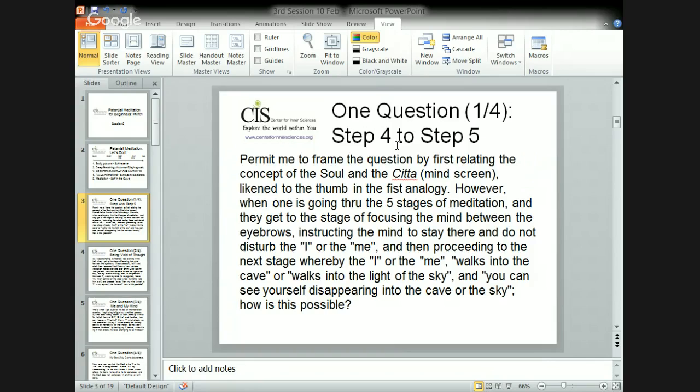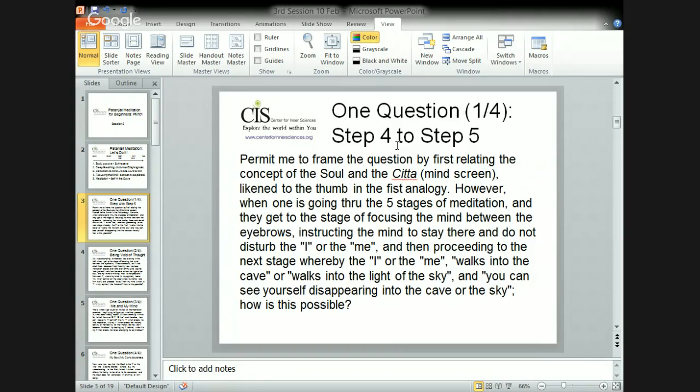That is what we discussed in session number 1. However, when one is going through the 5 stages of meditation, or 5 steps that we have seen in the previous slide, and they get to the stage of focusing the mind between the 2 eyebrows, that is step number 4, then instructing the mind to stay there.